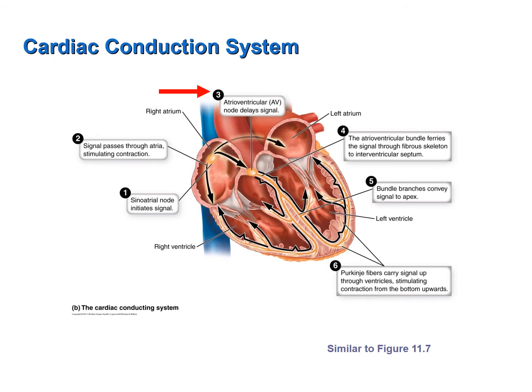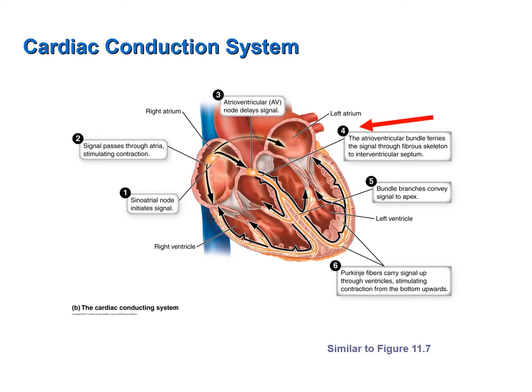Eventually, the action potential is conducted into the atrioventricular bundle, or bundle of His, which pierces that fibrous skeletal barrier and carries the signal into the interventricular septum. The interventricular septum is that structure that separates the right and left ventricles.